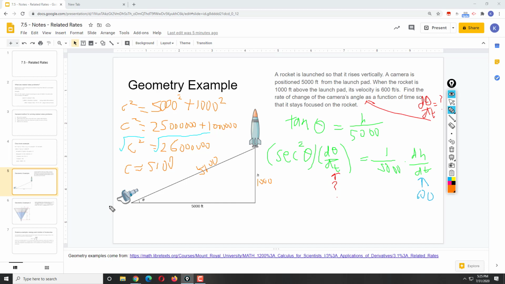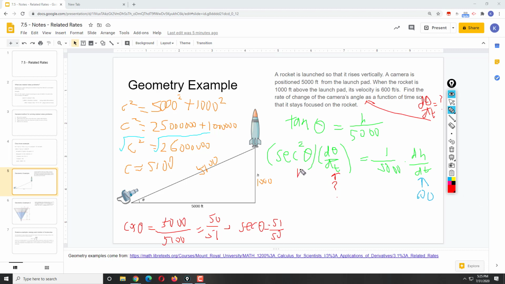That means cosine of theta would be adjacent 5,000 over hypotenuse 5,100, which simplifies to 50 over 51. Secant is the inverse of cosine, so secant theta is 51 over 50.